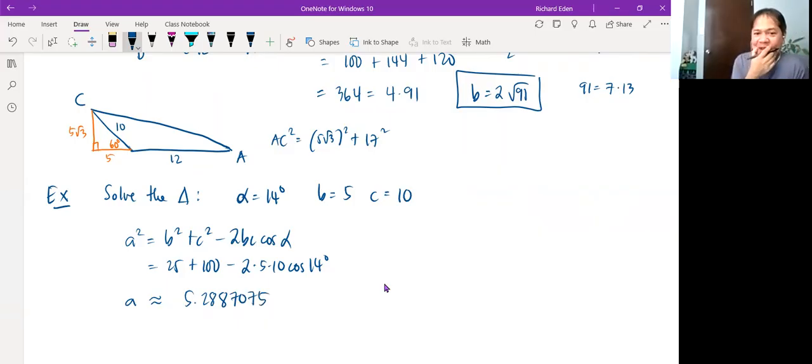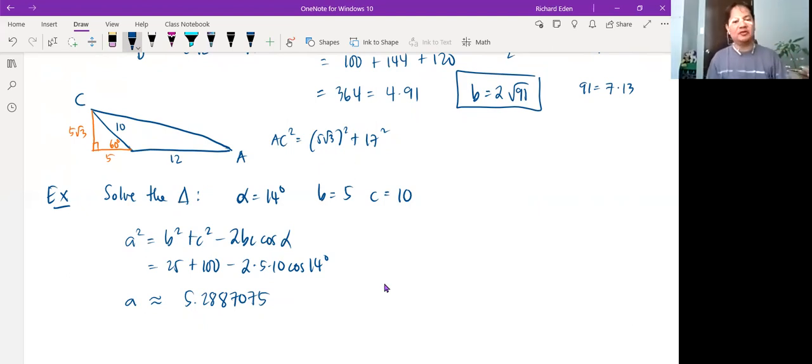And now that we have A, which is opposite alpha, we have the three sides, A, B, and C. We're now just looking for two more angles, beta and gamma.